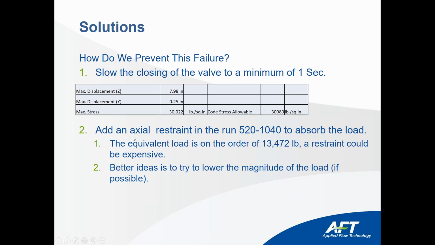Also, since you have high displacements in the horizontal due to the loads, you can add an axial restraint, and the equivalent load that you would need to absorb is 13,400 pounds. Just to give you a reference, the civil engineers do not like loads above 3,000 pounds.